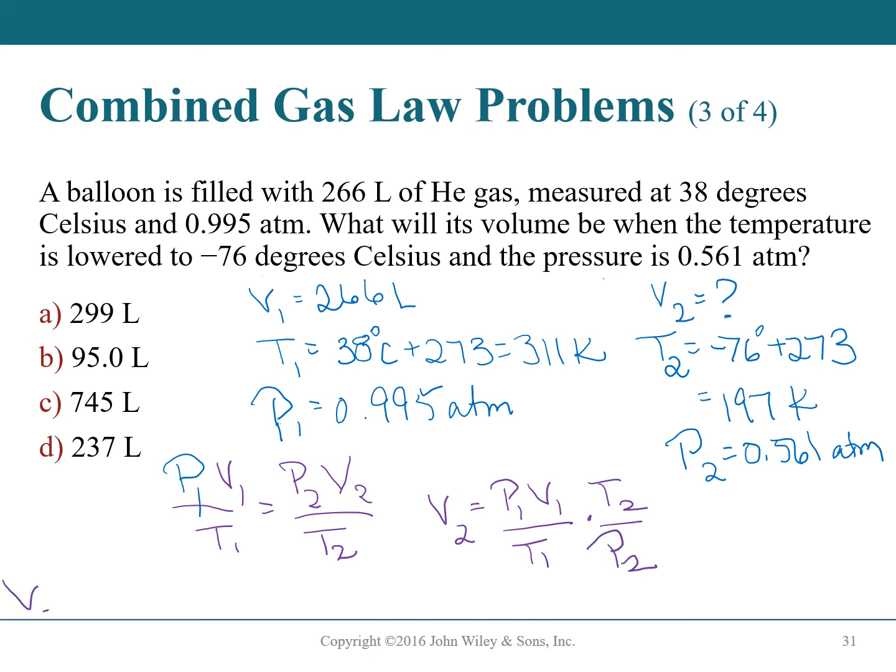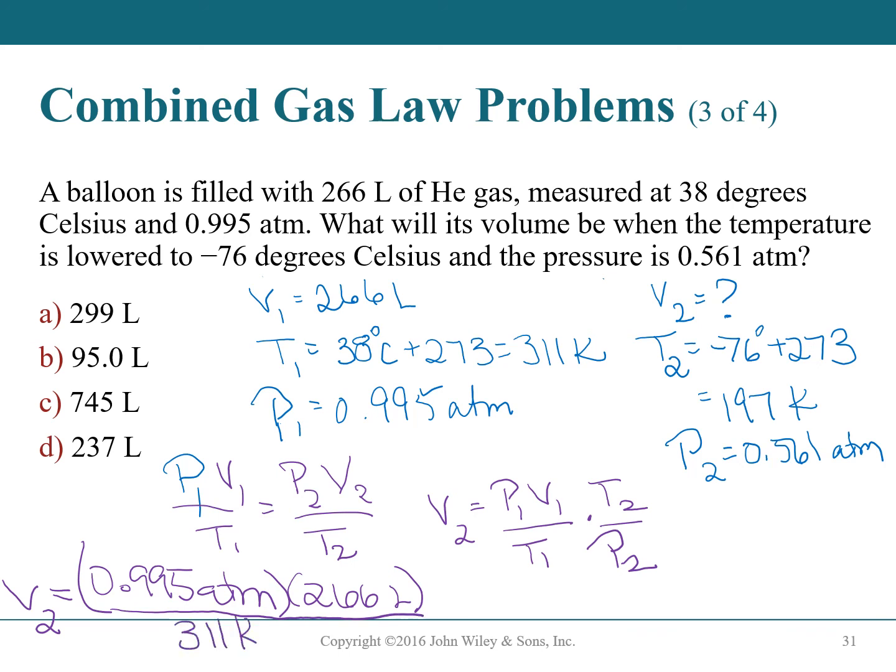So V2 is equal to 0.995 atmospheres times V1, which is 266 liters, divided by T1, which is 311 Kelvin, times T2, which is 197 degrees Kelvin, divided by P2, which is 0.561 atmospheres.